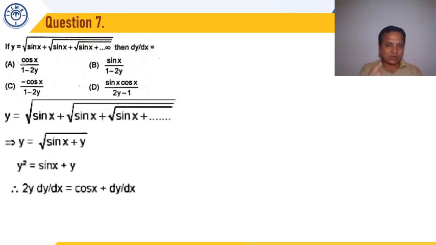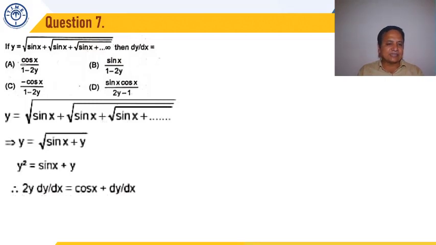But since this is y, not x, we multiply by its differentiation, that is dy by dx. On right hand side, differentiation of sin x with respect to x is cos x, plus differentiation of y with respect to x is dy by dx. So we get 2y dy by dx is equal to cos x plus dy by dx.